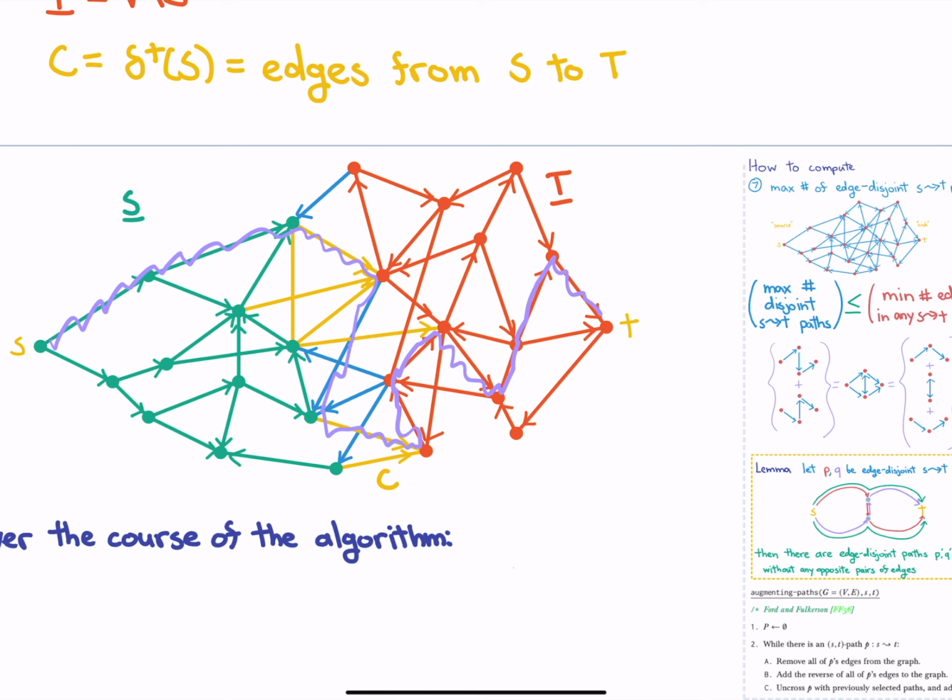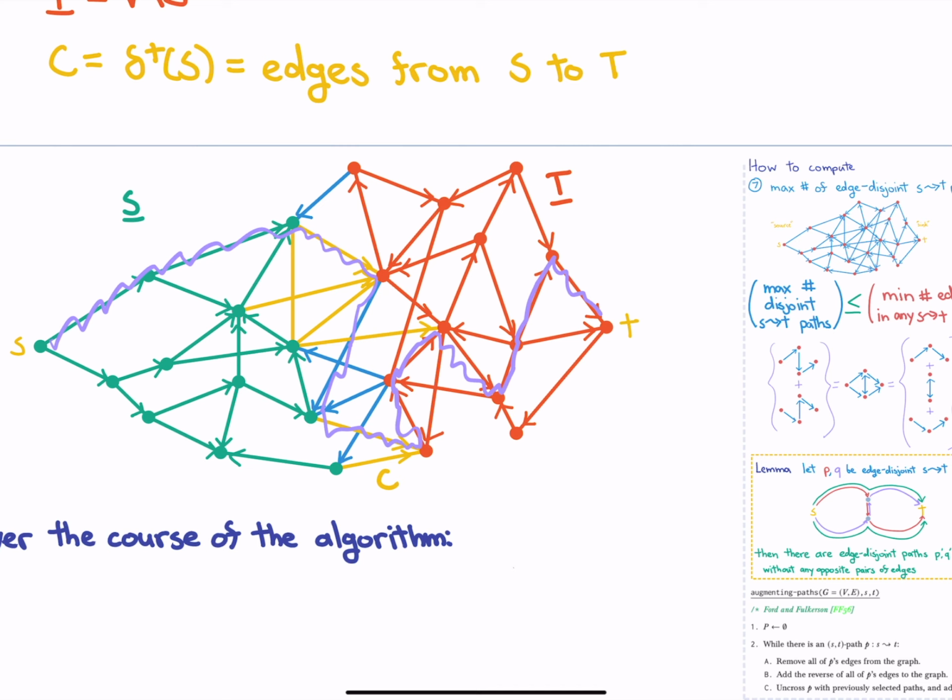Now I know that the path starts in green and ends in orange. So maybe it just uses one yellow edge and goes there, or maybe it goes back and forth, back and forth. But I do know that at the end of the day, it's going to use one more edge in this direction than in that direction, because it has to end up in orange.